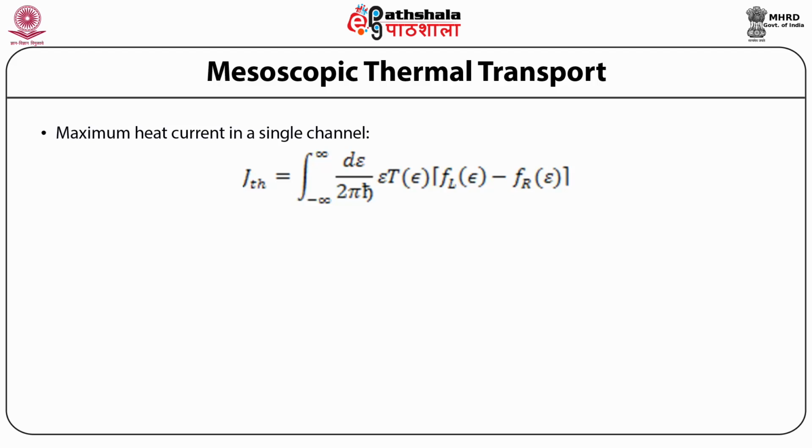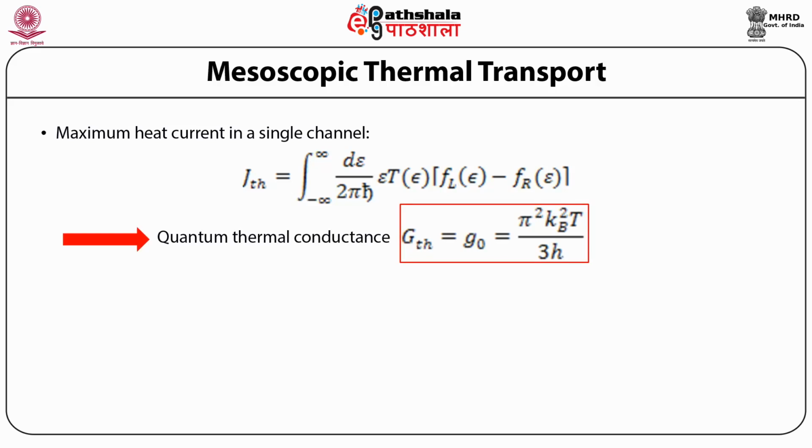Now the thermal conductance is given by G_th equal to J_th by delta T, which is equal to, that is, the quantum thermal conductance G naught is equal to pi squared k squared T by 3h.